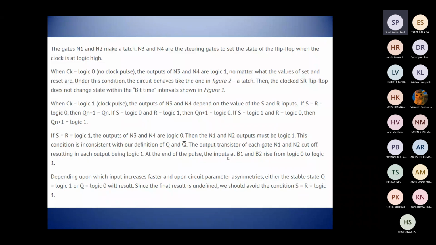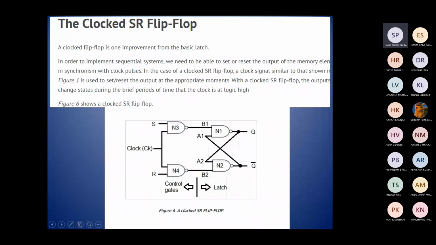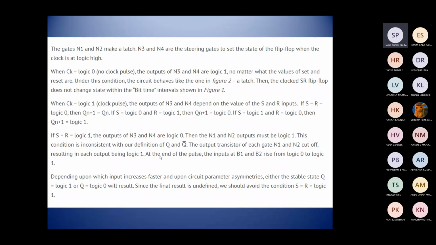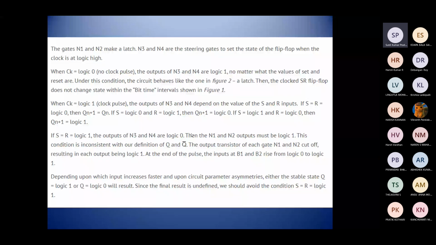When the clock pulse CK is zero, that means no clock pulse, the outputs of N3 and N4 are logic one, no matter what the values of set and reset are.